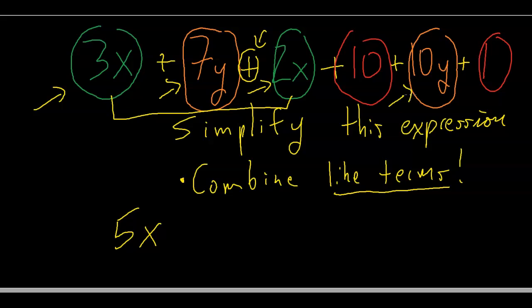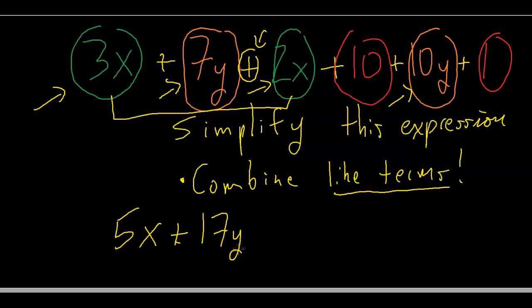If we have 7 y's in one hand and 10 y's in the other hand, how many y's are we holding in total? 7 plus 10 y's. So we have positive 17y in this expression. So we can write that as plus 17y.